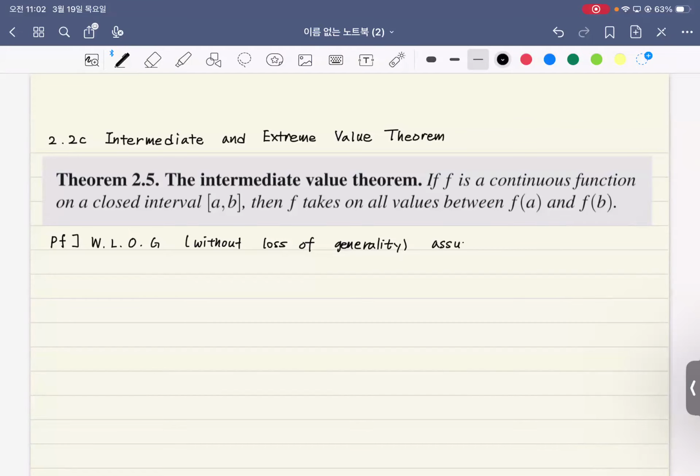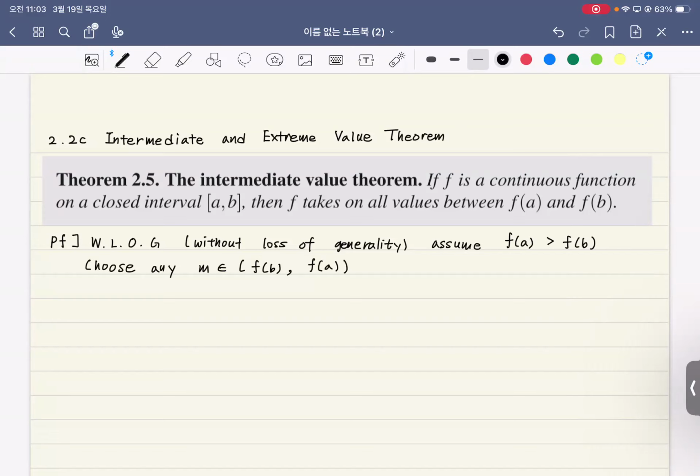Okay, now choose any number m between these values, f(b) and f(a).